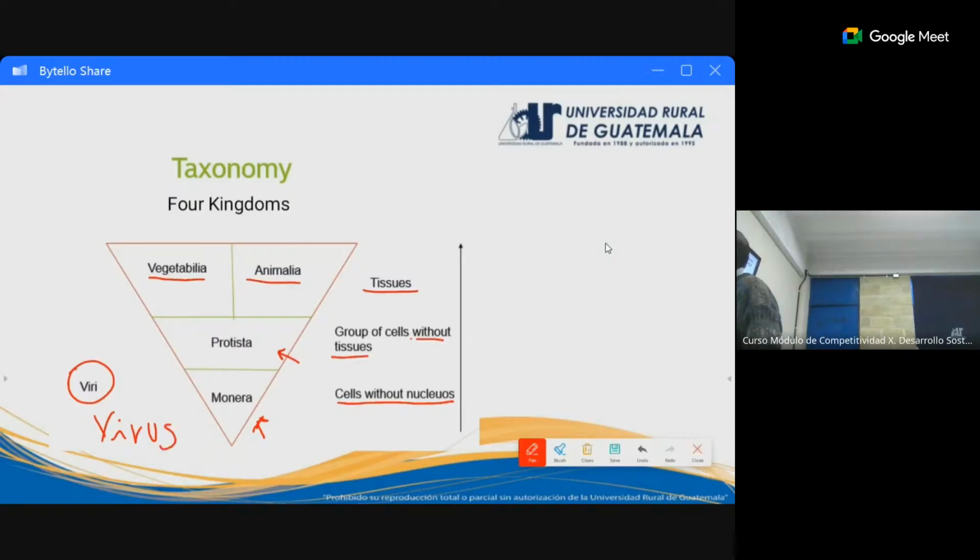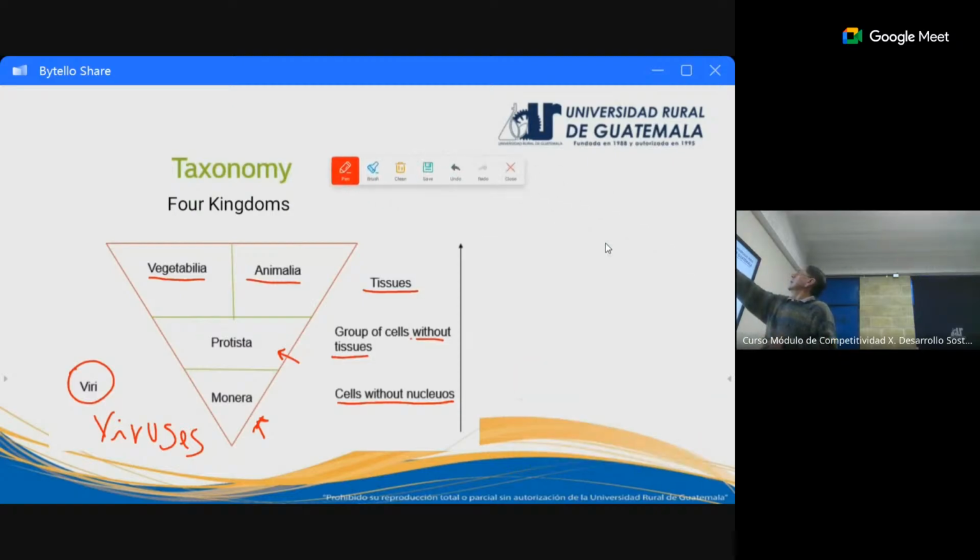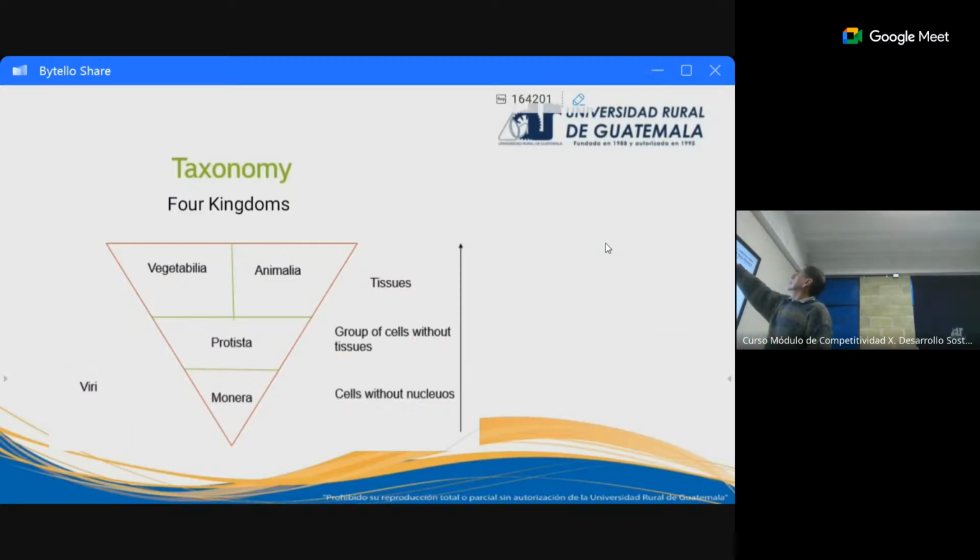They are viruses, but they are not classified within the previous model because they are not considered living organisms with their own proper existence. So this is why they are not classified here.